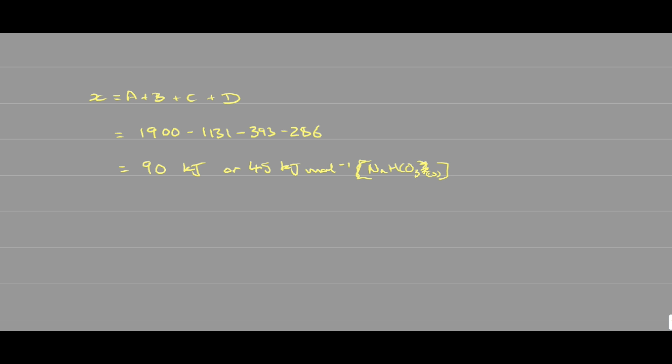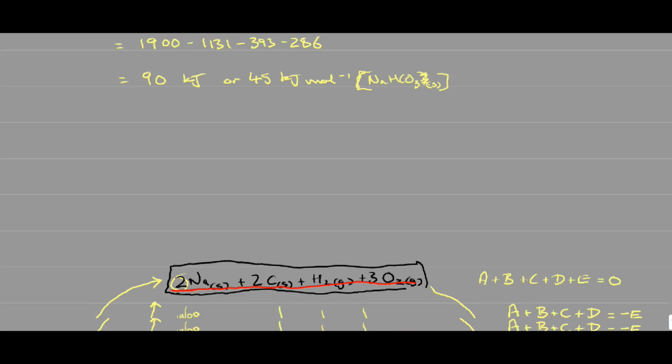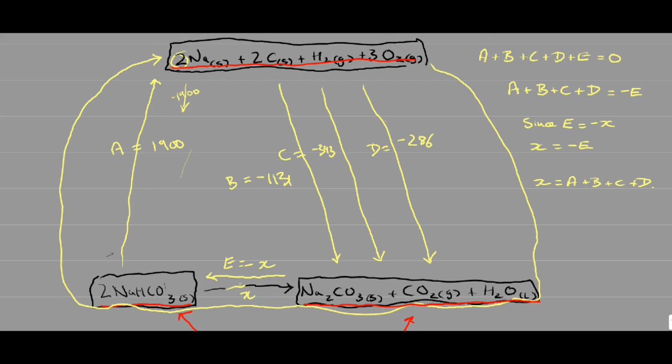So if I think about this now, I could take any of these values and work them out from all of the other values, because it's a complete cycle. So let's just prove that. Let's get rid of a lot of this stuff.